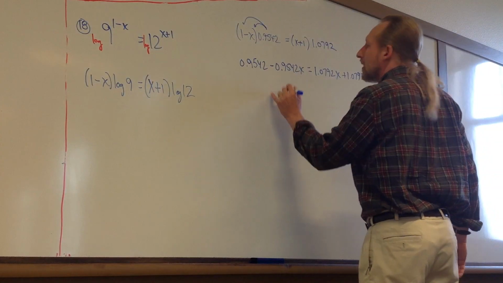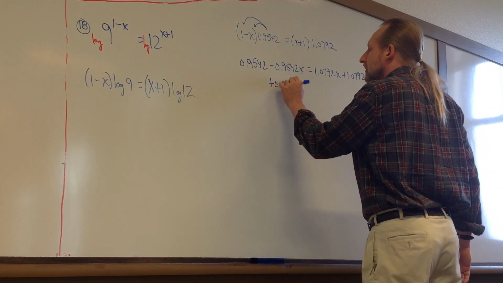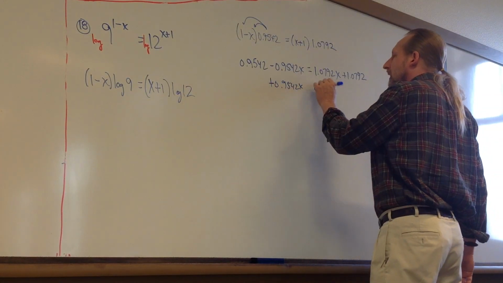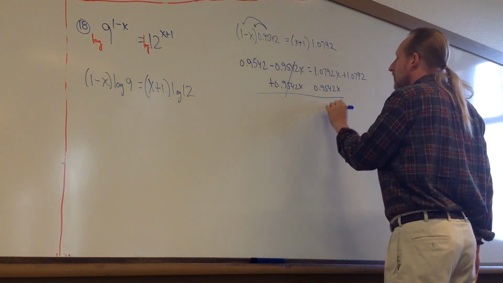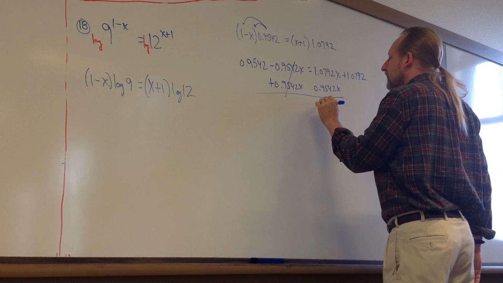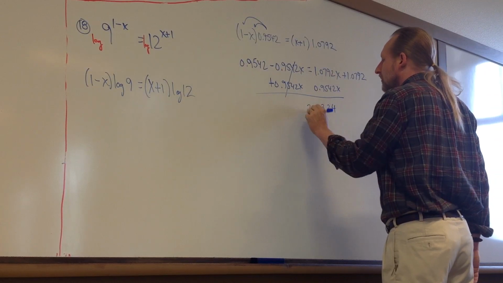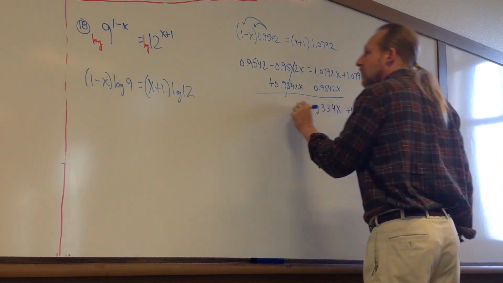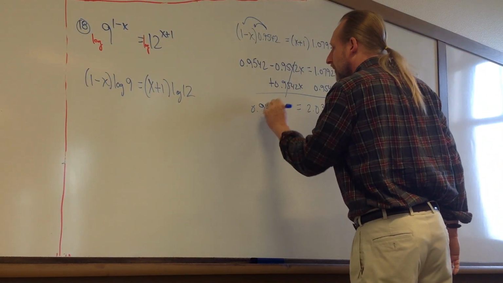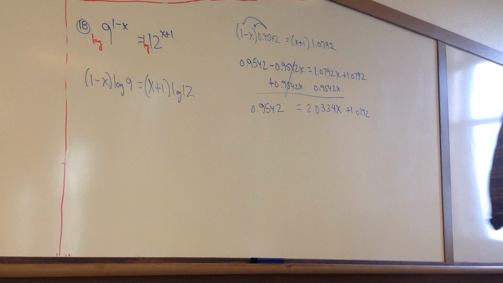So, let's add this to the other side, 0.9542x. Let's see, 2.0334x.